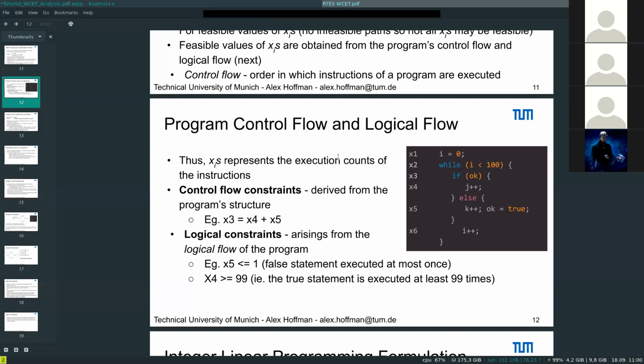Exactly. But if ok was equal to true when the program starts, how many times is it going to execute? No times. Because if it's equal to true at the beginning, it's not going to ever enter x5 because it'll just do x4 the whole time.